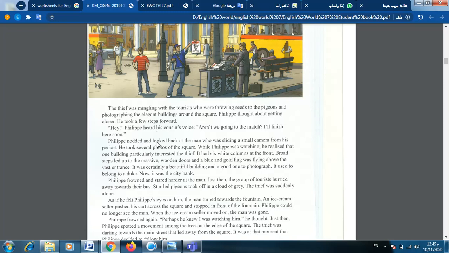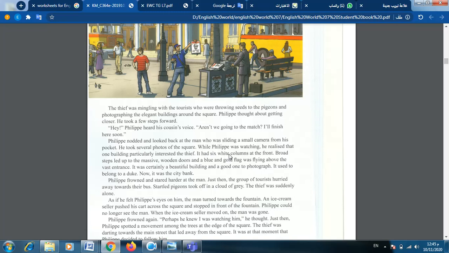Flippy nodded and looked back at the man who was sliding a small camera from his pocket. He took several photos of the square.